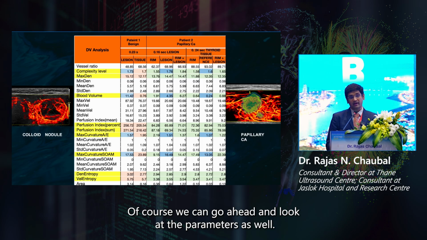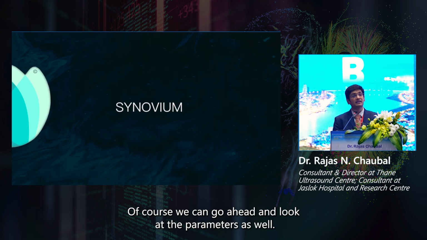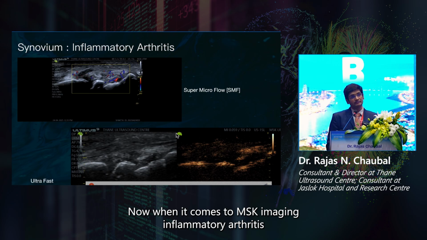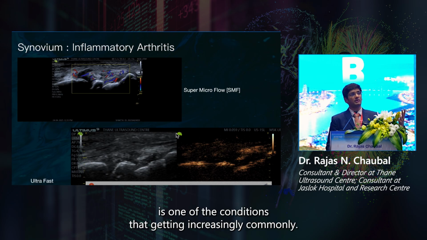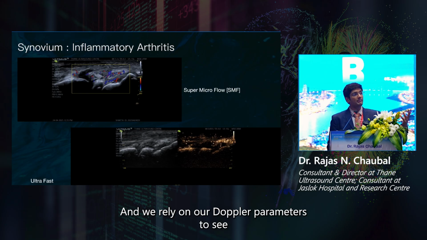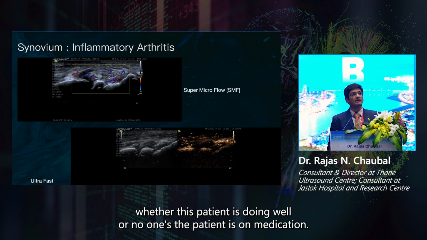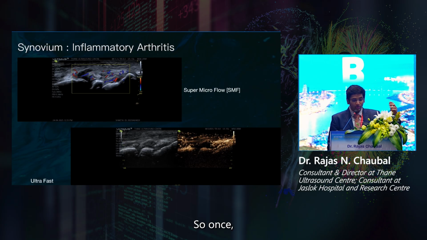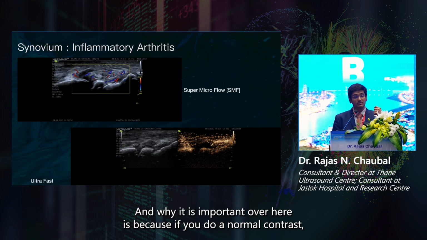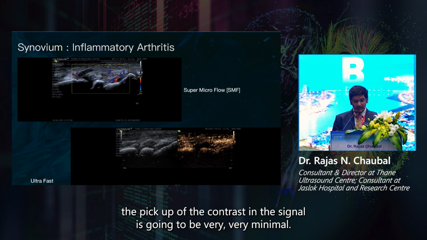Of course, we can go ahead and look at the parameters as well. Now, when it comes to MSK imaging, inflammatory arthritis is one of the conditions that we are seeing increasingly commonly, and we rely on our Doppler parameters to say whether this patient is doing well or not once the patient is on medication. So once we have the ability to do the URM, and why it is important over here is because if you do a normal contrast, the pickup of the contrast in the synovium is going to be very, very minimal.